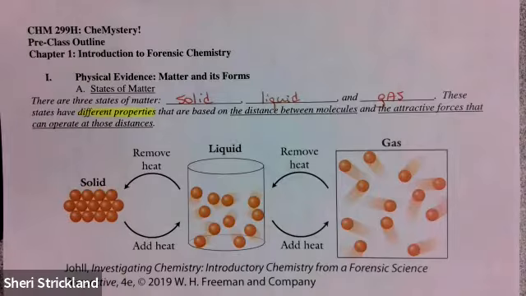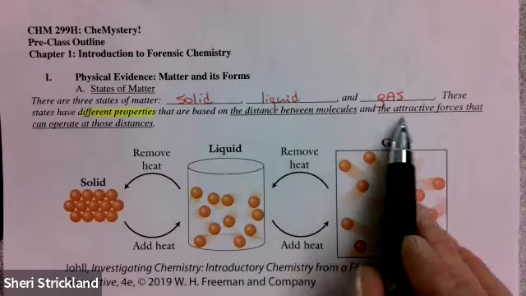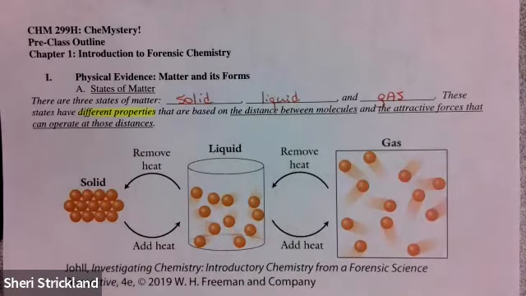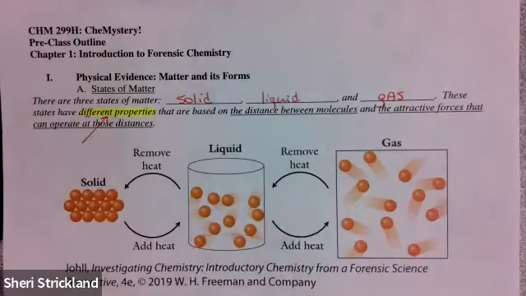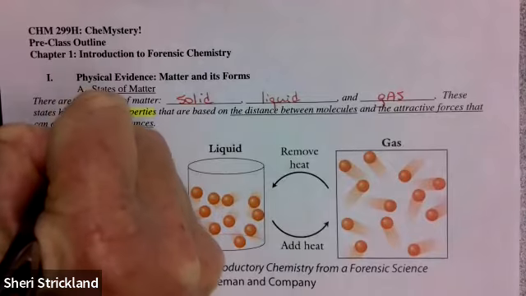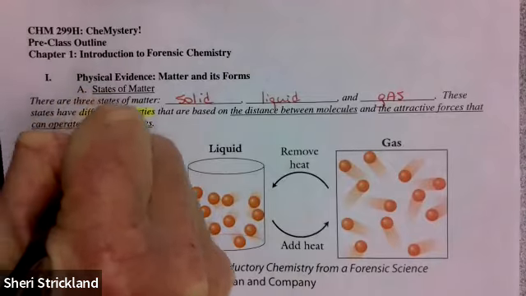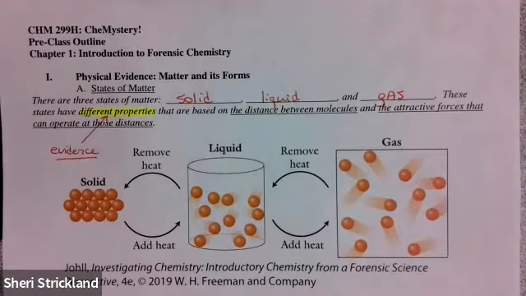But the why, the how, is the distance between the molecules and the attractive forces that can operate at those distances. So these different properties that we see are the evidence. This is just like being in a forensic lab or at a crime scene and going, what do I see?